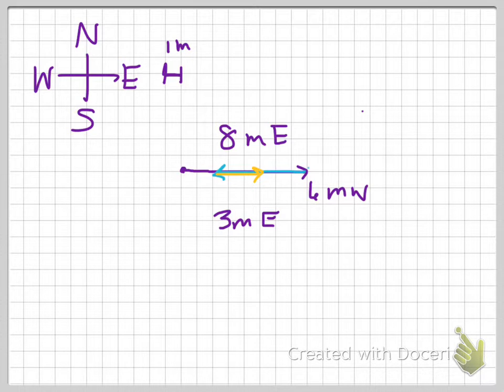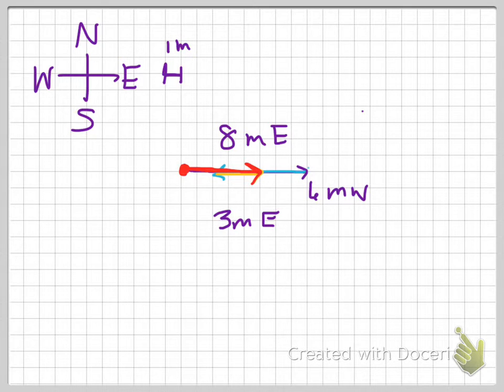My resultant vector I almost always do in red, and the resultant vector goes from the tail of the first vector to the head of the final vector. There's my resultant vector. So how far did I go? What's my displacement? 1, 2, 3, 4, 5.